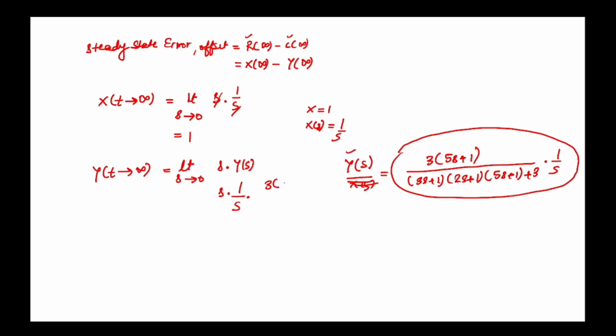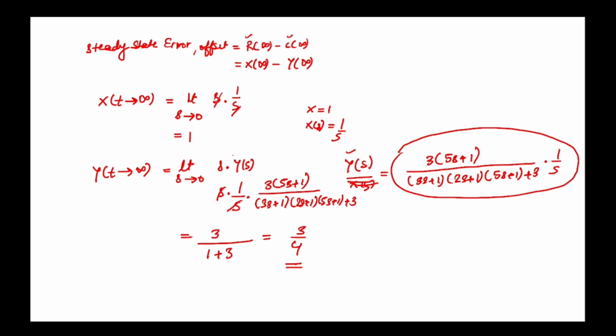Now S tends to 0, put 0 in place of all S, so 3 upon 1 plus 3, that is 3 by 4.